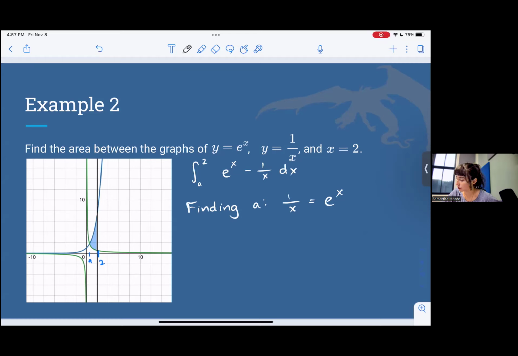And let's see, that's not going to be a super nice number. So this is where I would suggest, again, pulling up some sort of calculator and asking it to find where 1 over x equals e to the x.